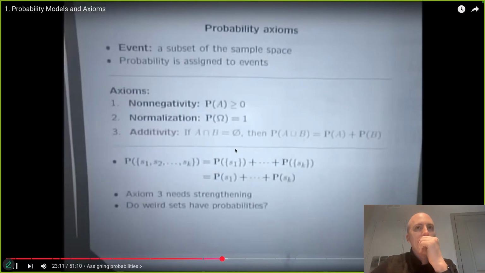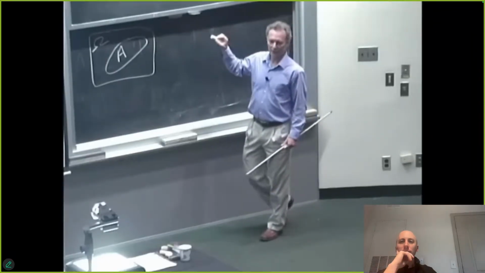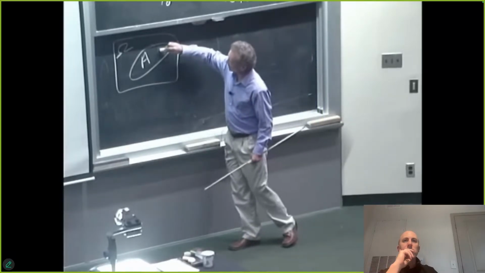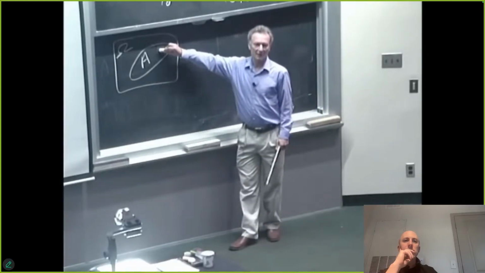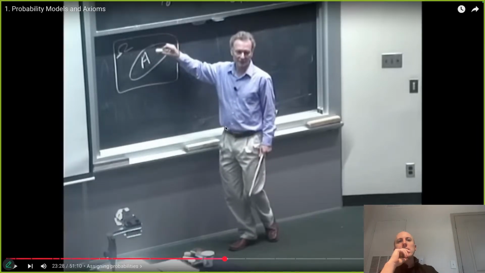The reason is that it works nicely with the language that describes what's going on. So the outcome is a point. The outcome is random. The outcome may be inside this set, in which case we say that event A occurred.